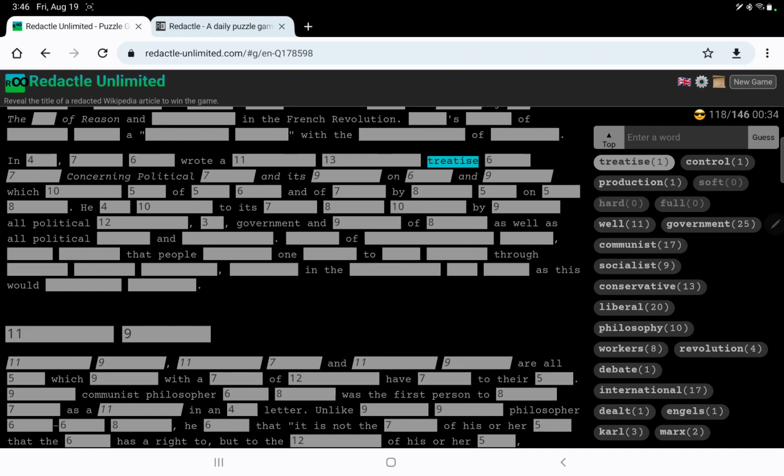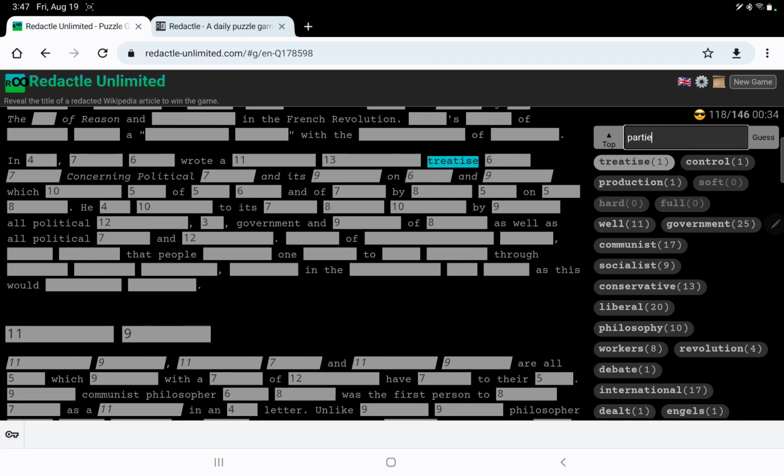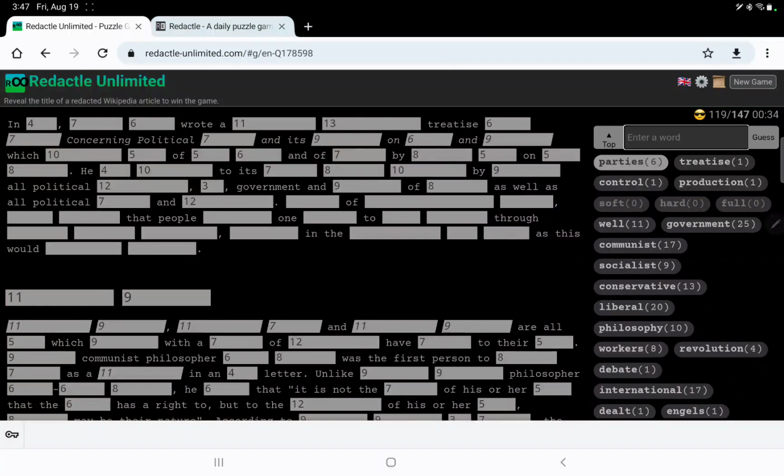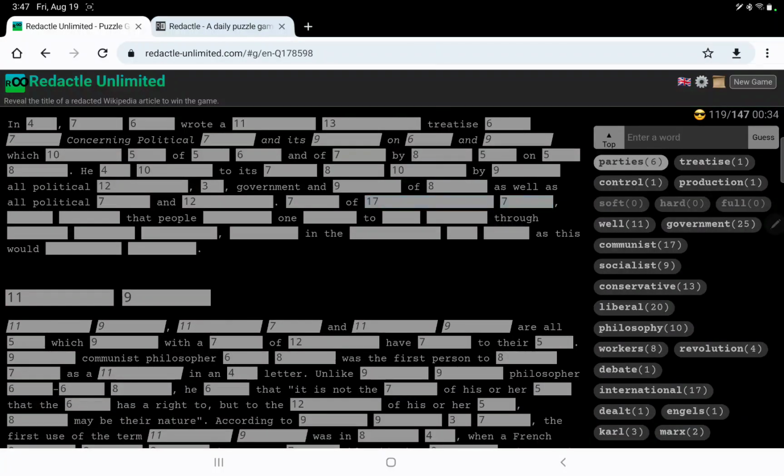Government, as well as all political 7 and 12. Parties. Well, at least I'm glad it's not pure science. Political science should be better, although maybe I just don't know this particular word.